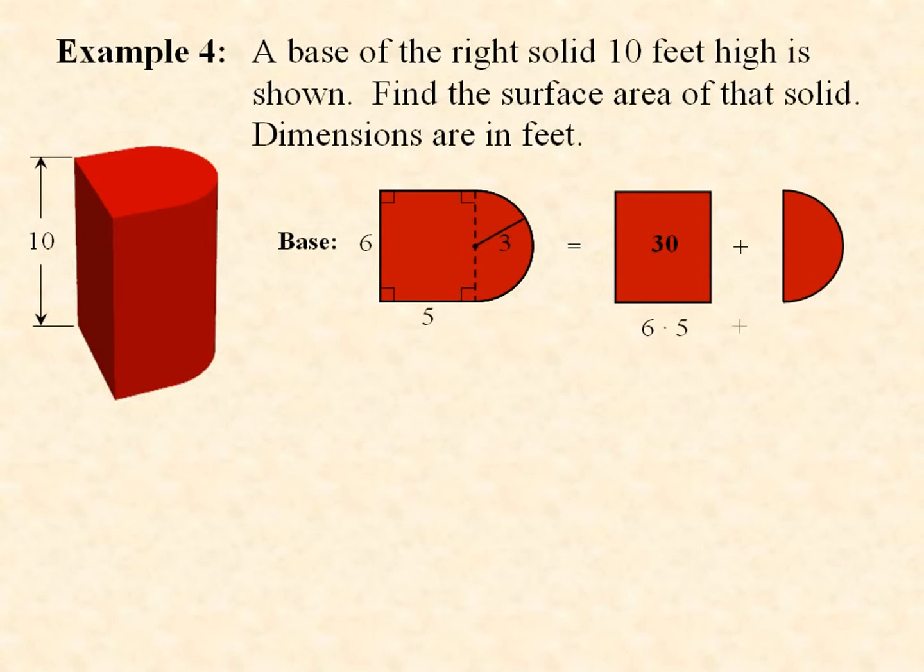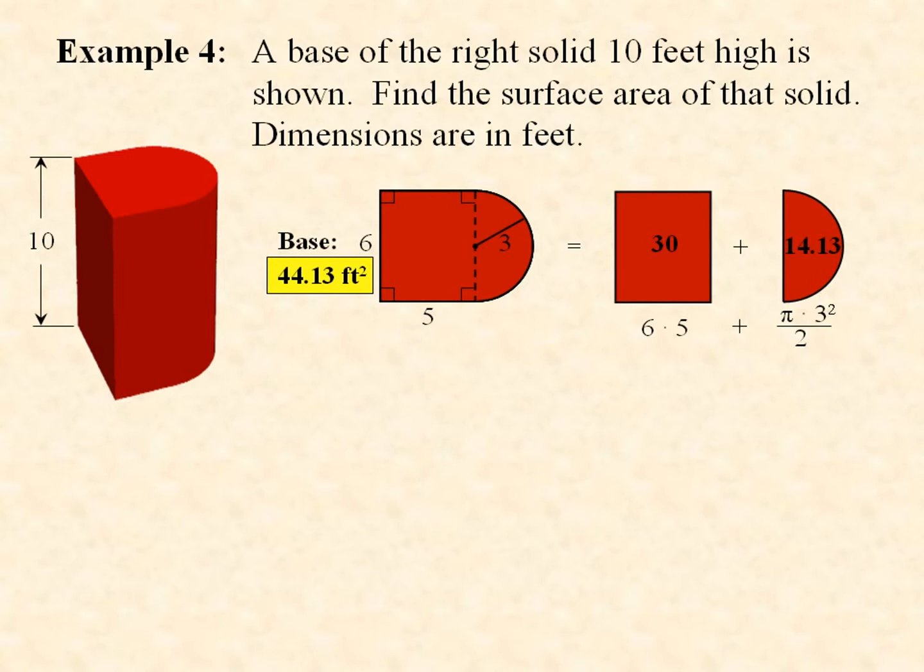So that's pi times 3 squared divided by 2, because it's a semicircle, half a circle. I used my calculator and got 14.13 square feet. So if we add those using a calculator, we get 44.13 square feet for the area of the top or the area of the bottom.